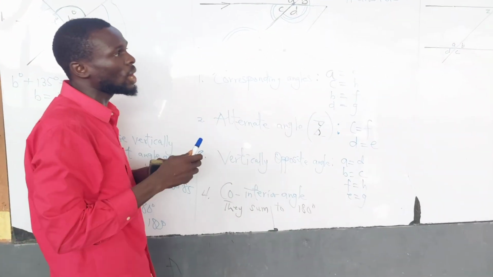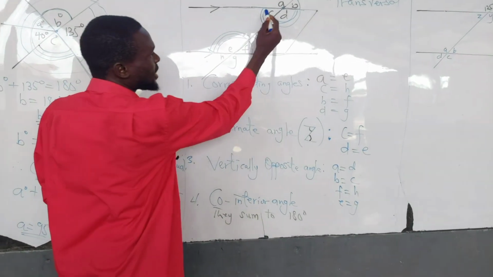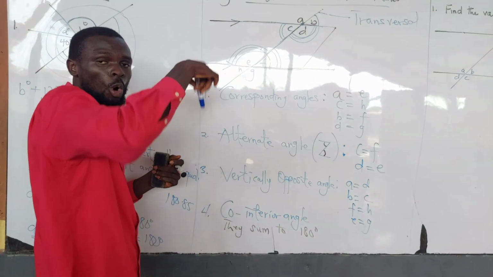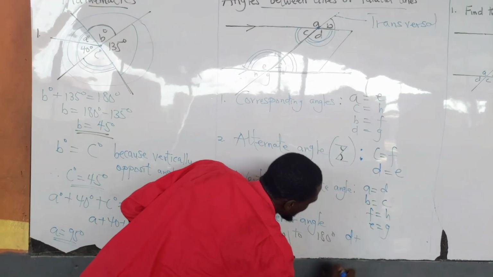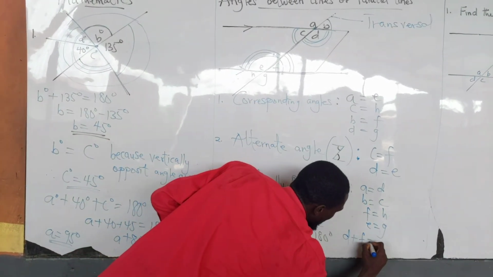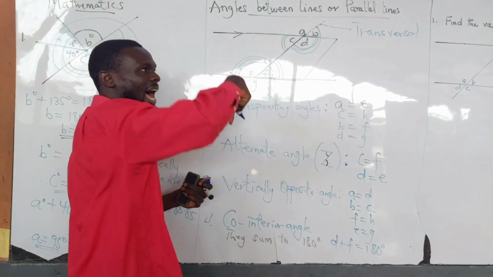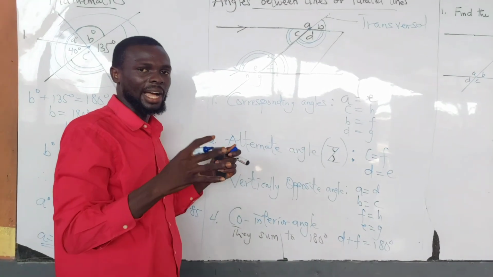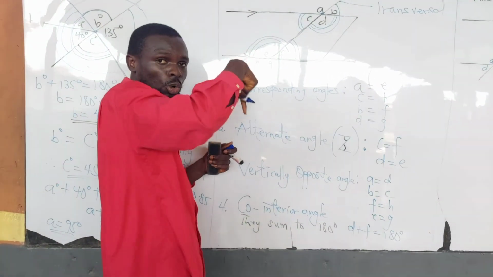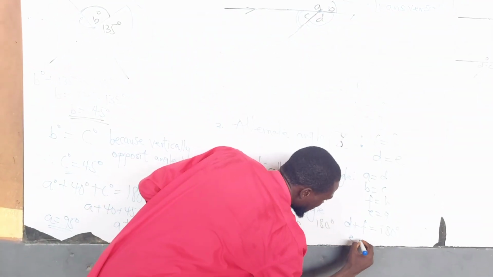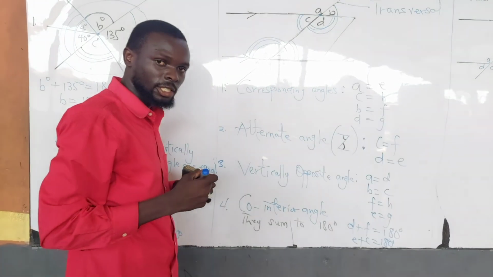So what are the co-interiors? This and this, they are co-interiors. This and this, they are also co-interiors. So we can say D plus F gives you 180 degrees because this and this are co-interior angles. And also C and E are also co-interior. So E plus C is 180 degrees.